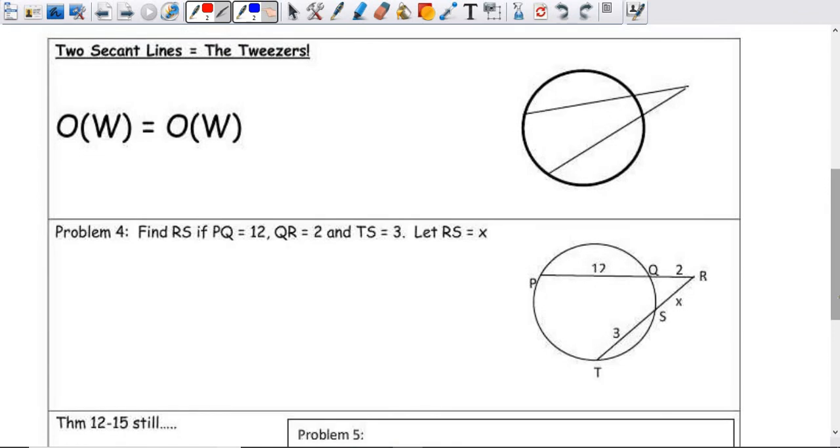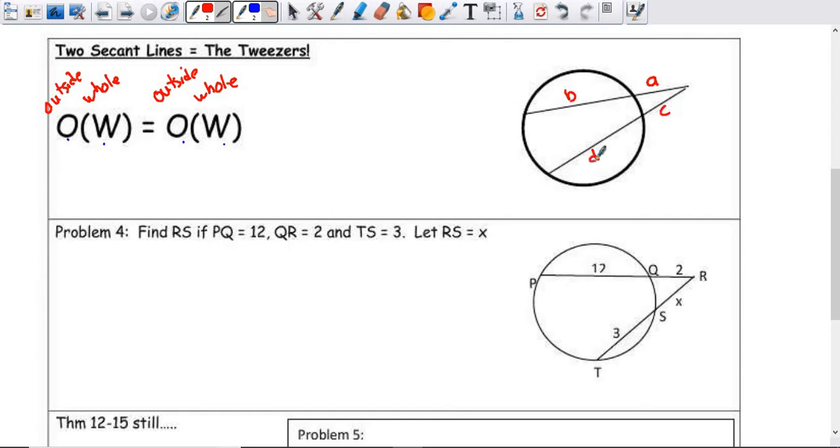For the next one, we have two secant lines, which is our tweezers method. This is OW equals OW. What that stands for is outside times whole equals outside times whole. So if I was to give this letters over here, let's put A, B, and then C, D here.